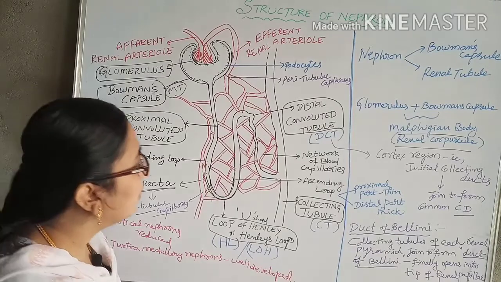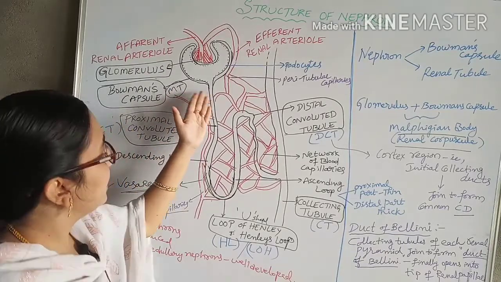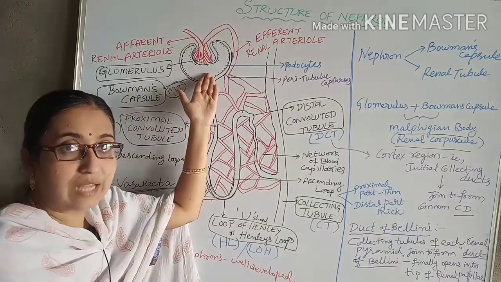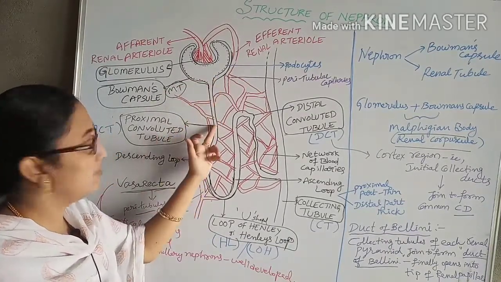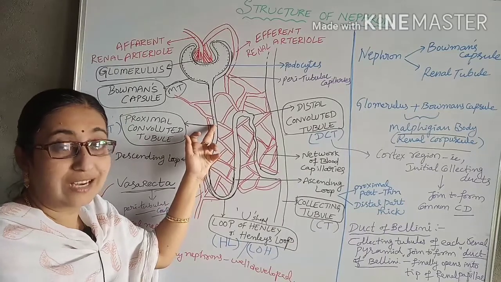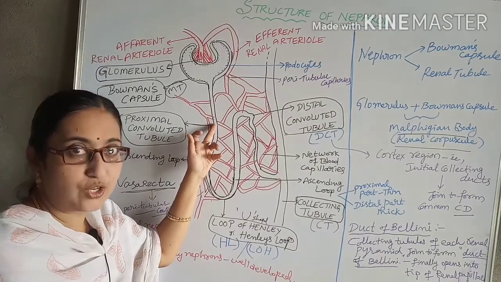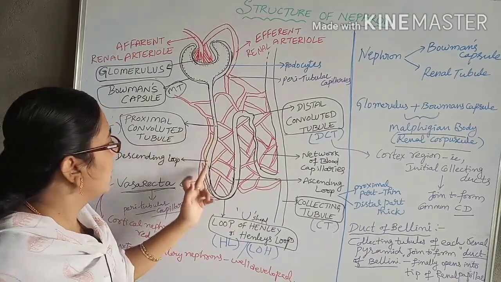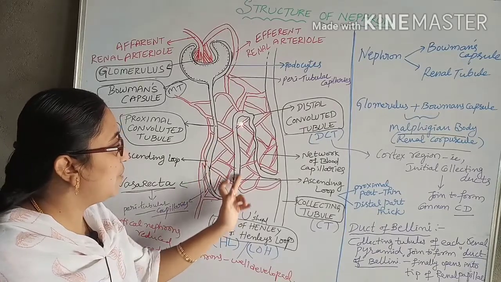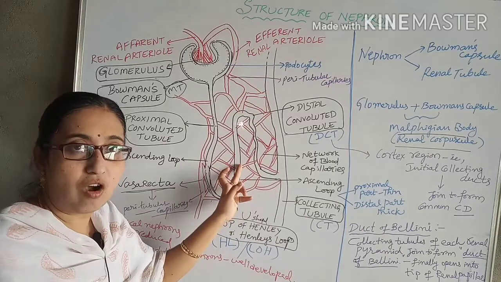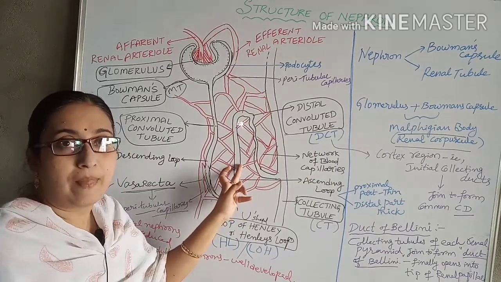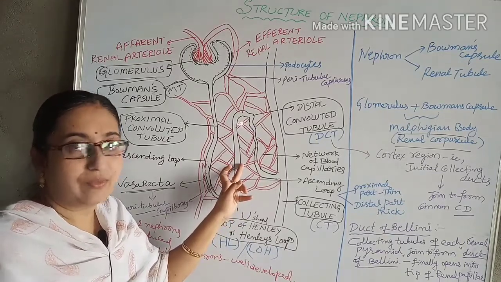Okay. Now see here, the impure blood enters into the next part, that is the proximal convoluted tubule. That is the first part of the renal tubule. From here it enters into the loop of Henle. So the loop of Henle is a U-shaped structure or pin shaped.